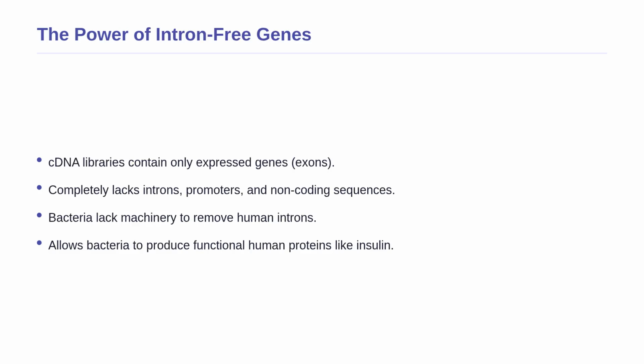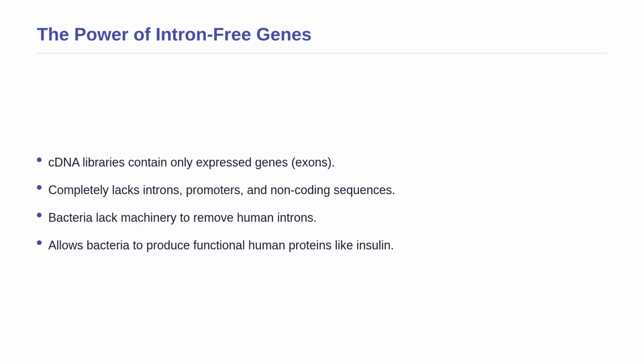You might be asking, why is it so incredibly important to have a library made this way? Because it is derived from mature mRNA, a cDNA library contains only the expressed genes, known as exons, and completely lacks introns and promoters.